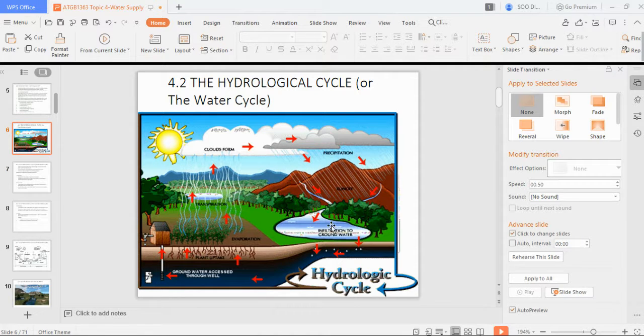If you notice why this cycle keeps happening, it is because water itself is a liquid which is very unstable. Why do I say it's unstable? If you put a cup of water next to your bed, you can see that the water level will slowly reduce.